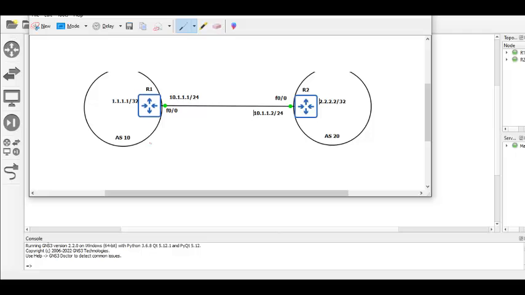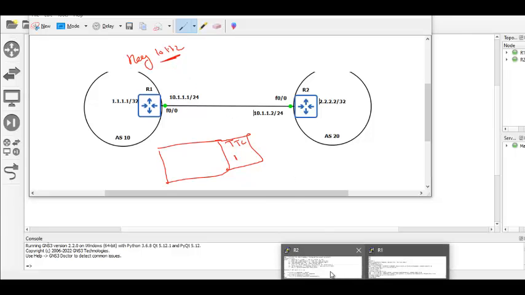So we have said neighbor 10.1.1.2 here. So what this router will do, it will generate a packet with a TTL, time to live, of 1, only if this is seen in the routing table as directly connected.